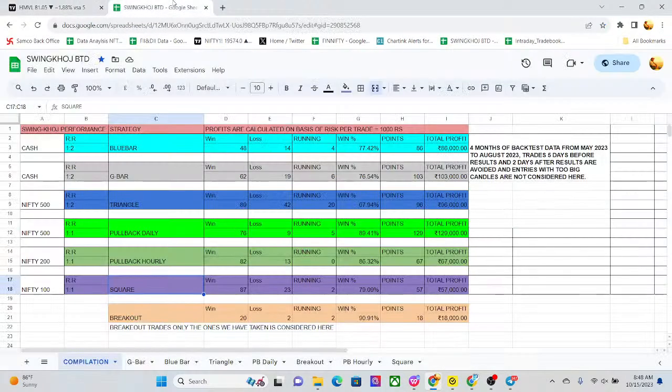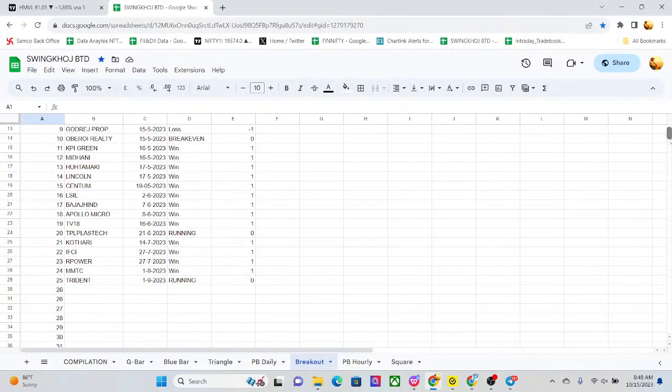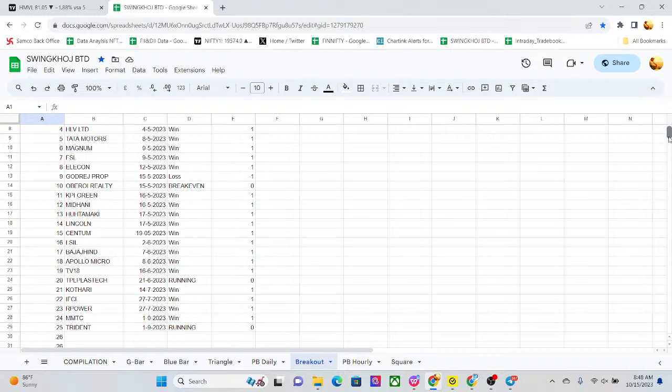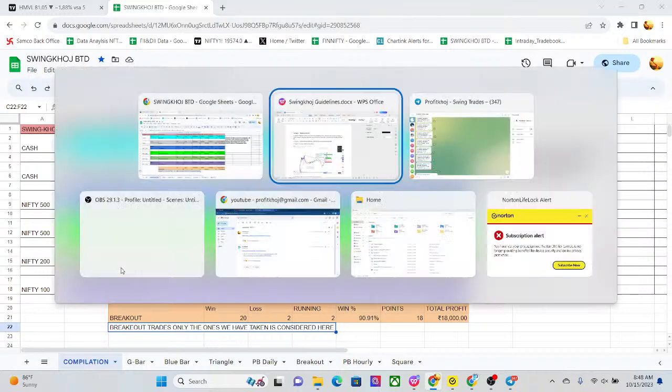You can see here in the breakout column, we have clearly mentioned breakout trades, only the ones we have taken are considered here. So we're not trading all the breakouts, only selected ones.